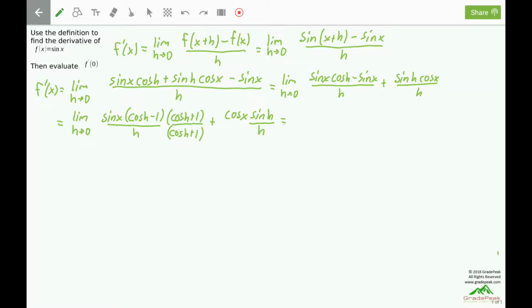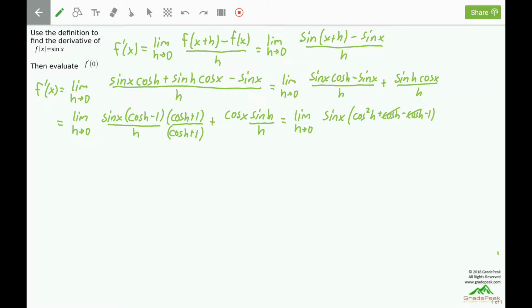So now we just have to FOIL out the conjugates for the first fraction. So we will have the sine x times, FOILing that out, cos squared of h plus cos h minus cos h, which will cancel, and then minus 1.